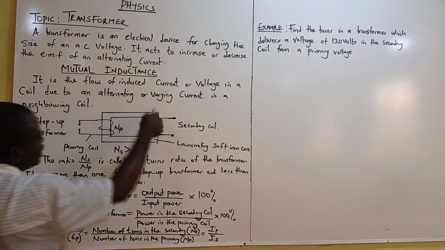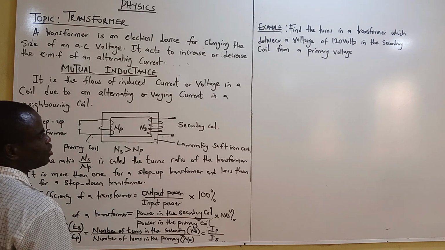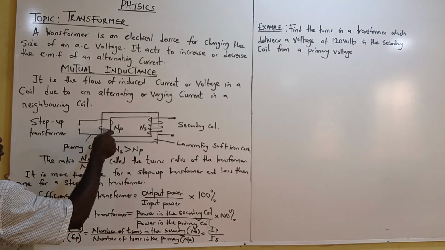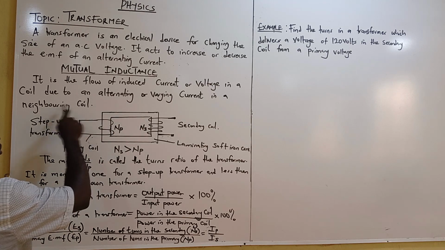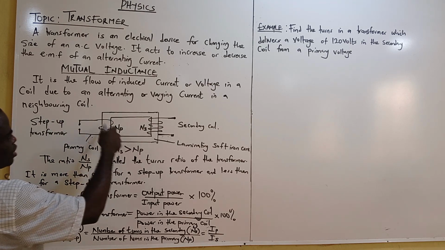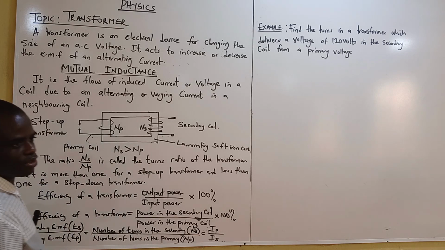That's why I say the current or voltage will be induced in the secondary due to the flow of current in the primary. That's mutual inductance, due to the varying current in the neighboring coil. This is the neighboring coil to the secondary.